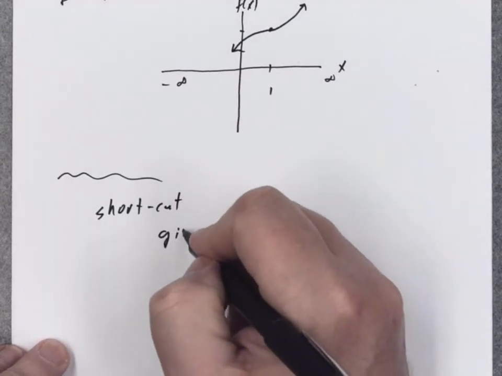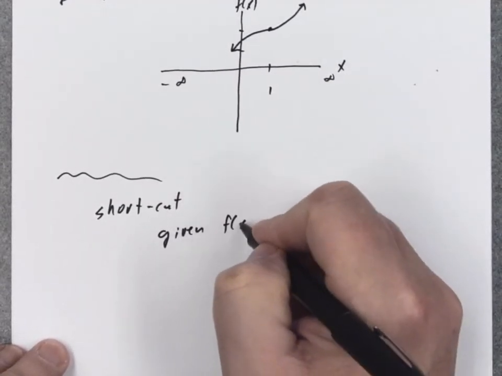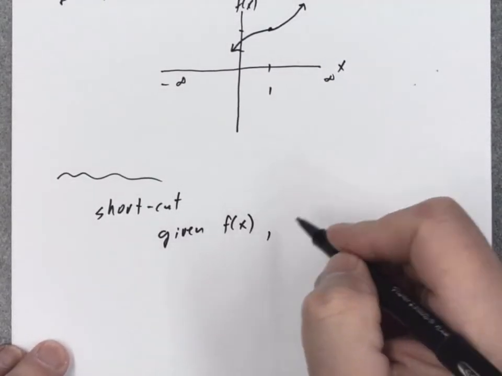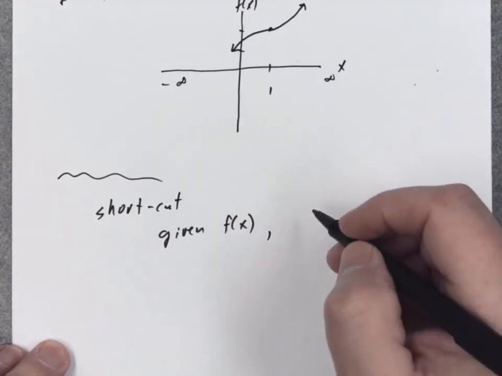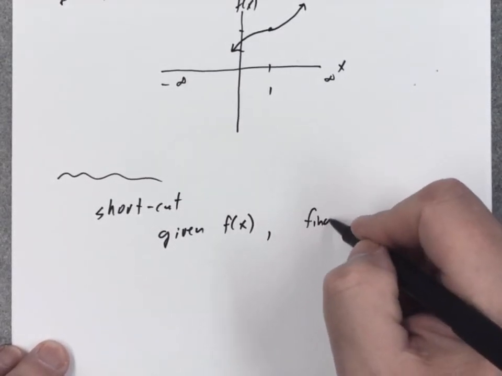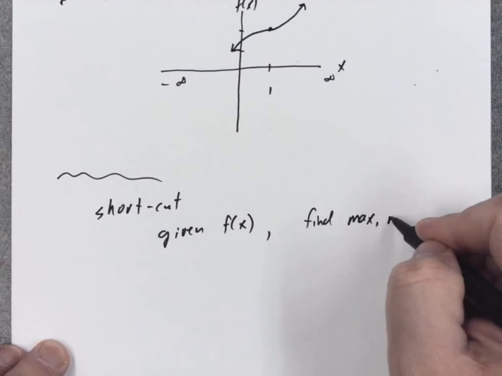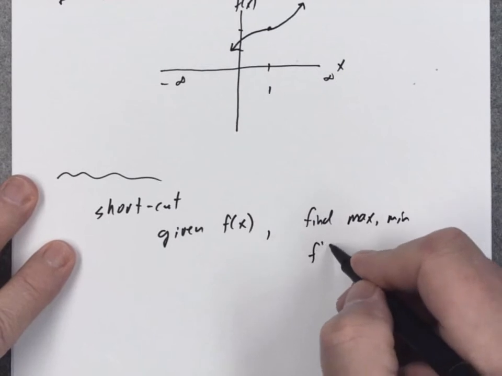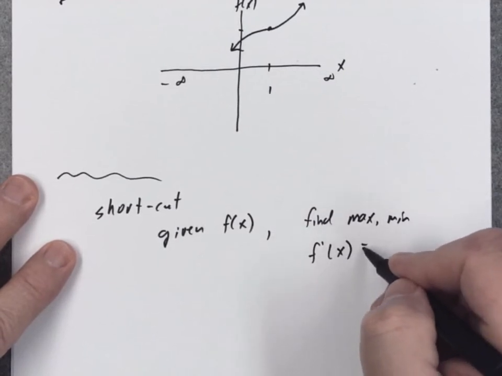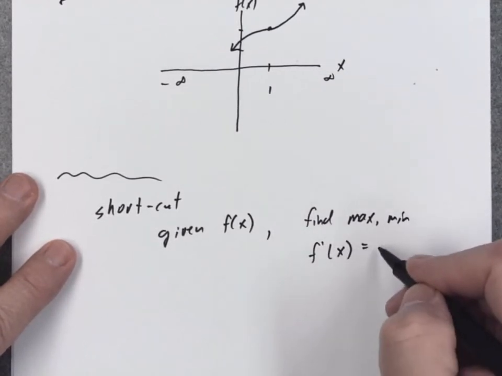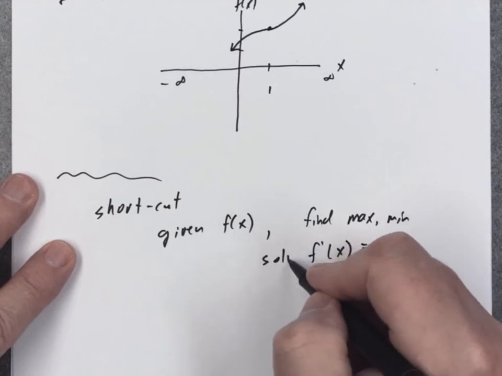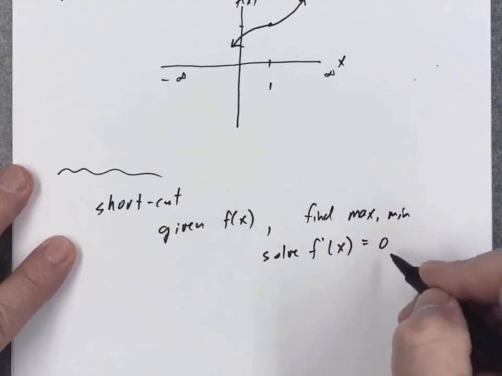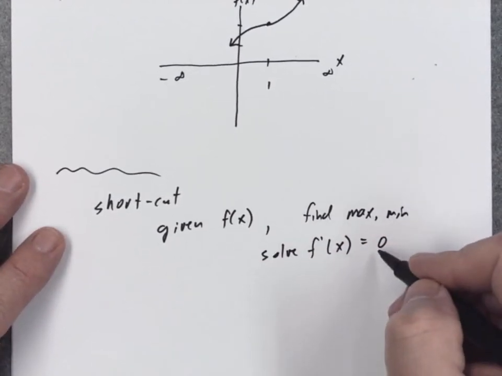Now normally, in the past, if you've ever been given a function and we were asked to find the maxes and the mins, that's pretty common. And to do that, you take the first derivative, set it equal to 0 and you solve this. And when you solve this, you get the critical points, right?